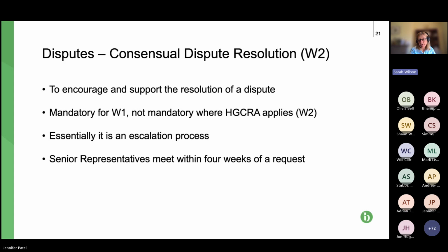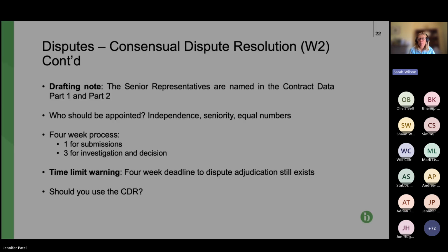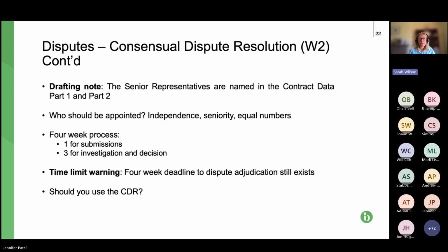So for W2, we have an escalation process, and actually I've already referred to it in the context of the final account, the final assessment, and that's the senior representatives. So if we can move on to the next slide. They meet within 4 weeks of an escalation. So who are the senior reps? Well, they will typically be a director or 2 directors from each business.